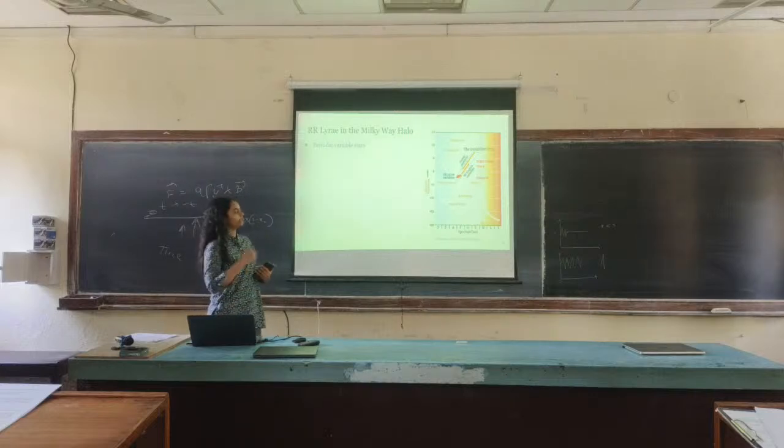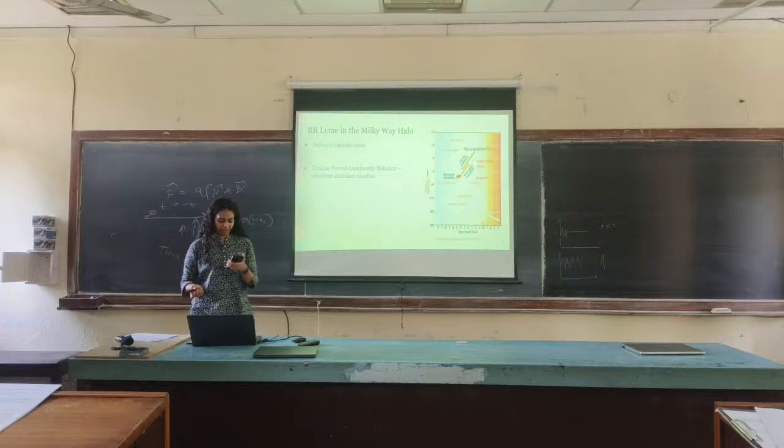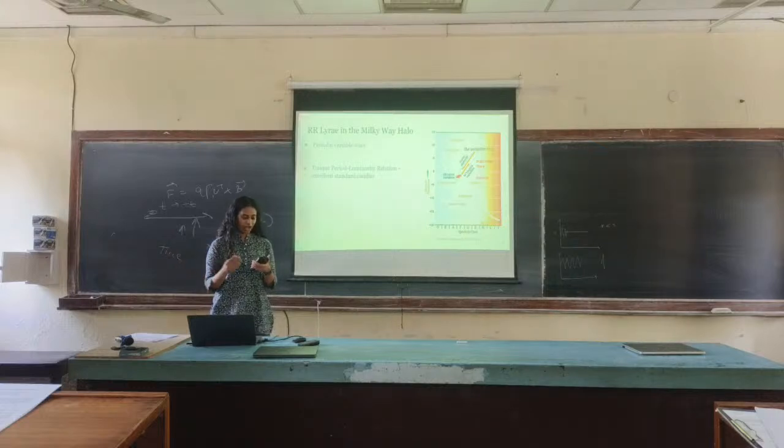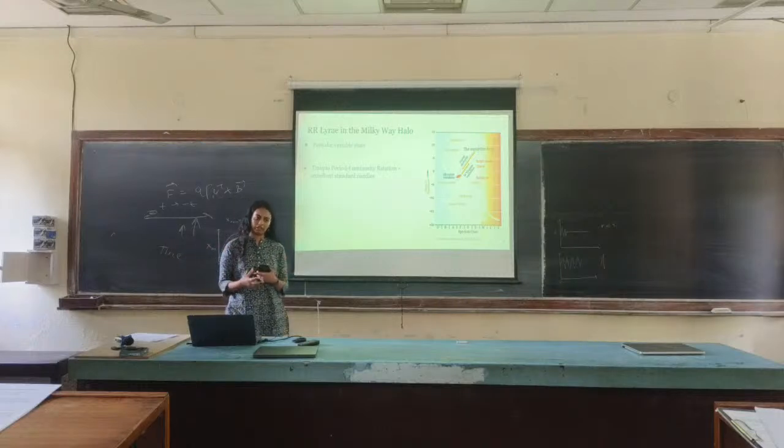That's why they're called periodic variable stars. The cause of this variability can be many reasons, but for RR Lyrae stars specifically, these stars are not in hydrostatic equilibrium, which causes them to expand and contract, varying their brightness with time.